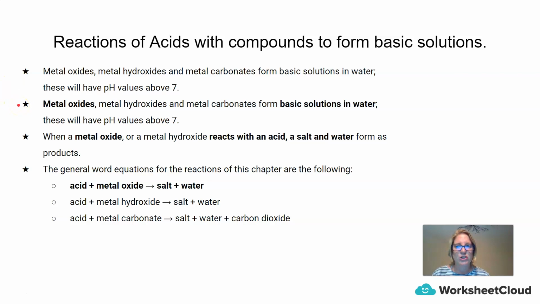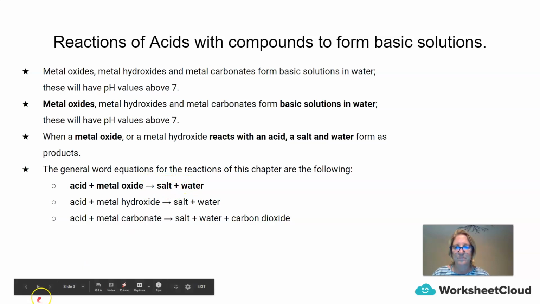Today's lesson will focus on metal oxides, and we will have a look at how a metal oxide reacts with an acid to form a salt and water. So the general word equation for the reaction is as follows: acid plus a metal oxide, arrow indicating a reaction, gives us a salt and water.